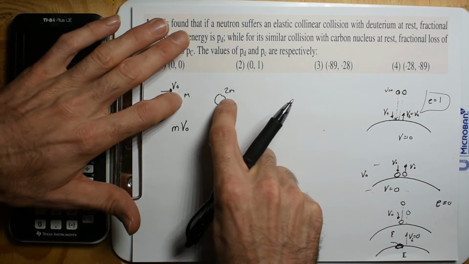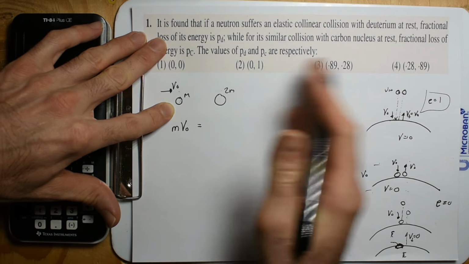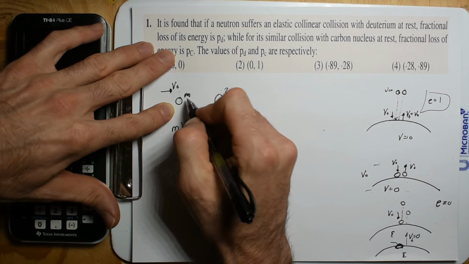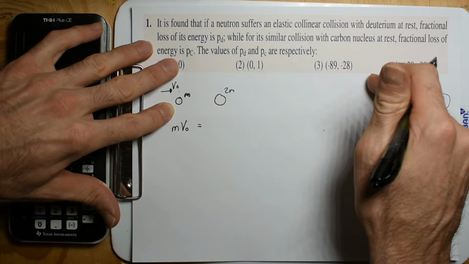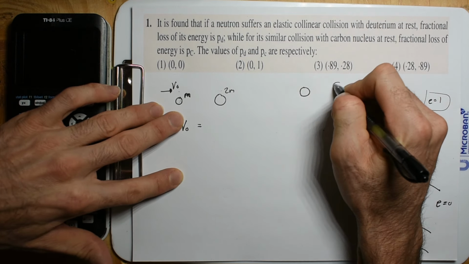In the problem, they don't do a very good job of this. I'm not using u's, I'll show you their solution at the end maybe. What they do is say you have this mass and this mass.